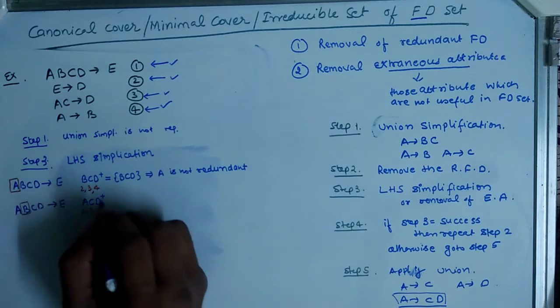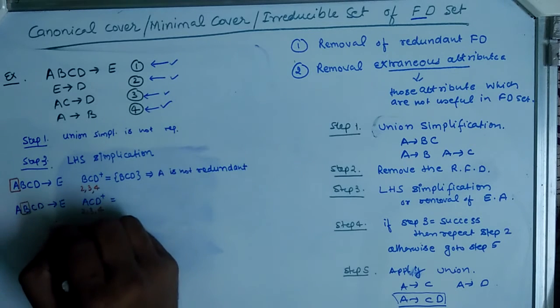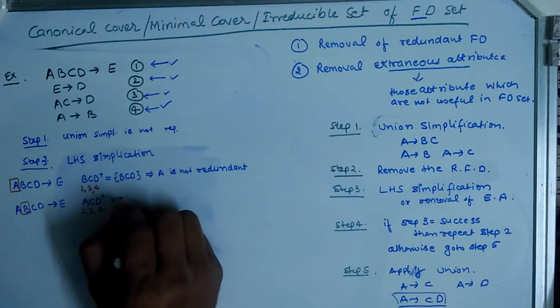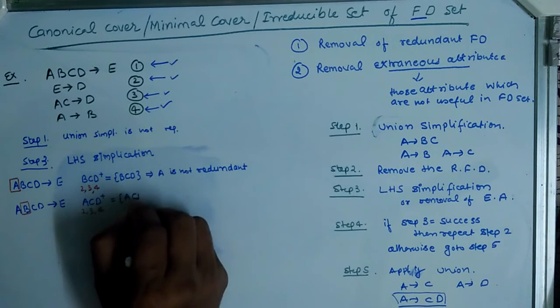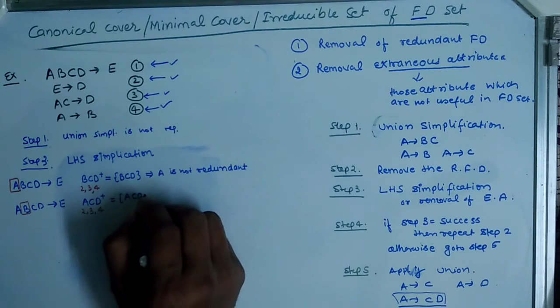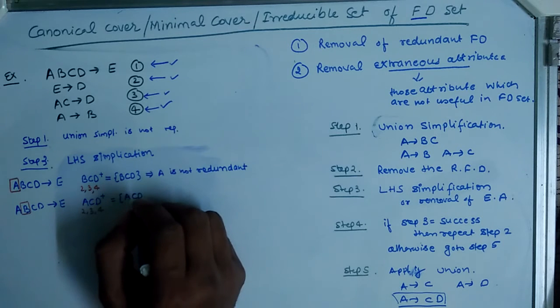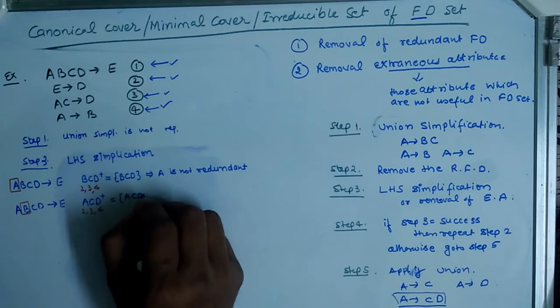So when you calculate the ACD closure, you can find A, C, D, and from A you can find B. So ACDB can be found.